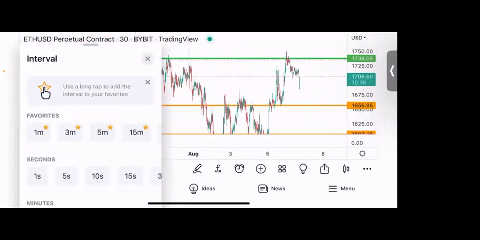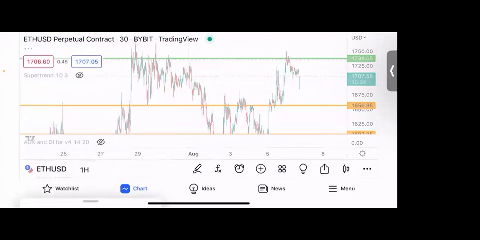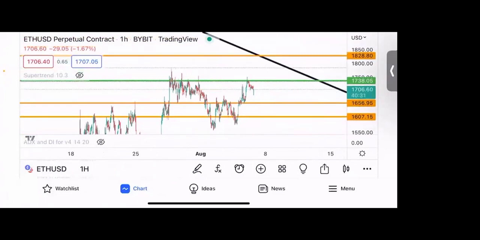Hold on, let me go back to my 1 hour. I missed one. Right here, I missed this whole play right here.